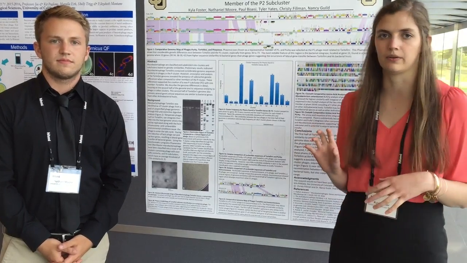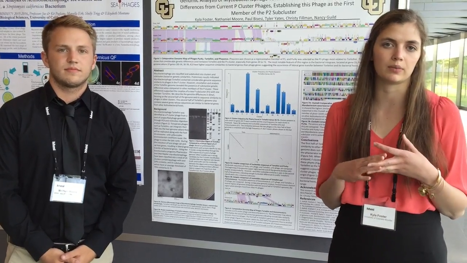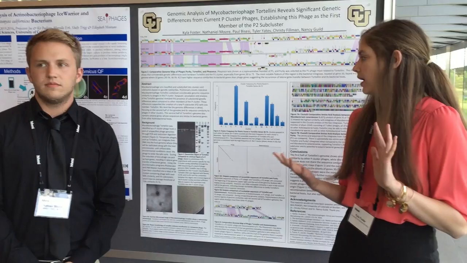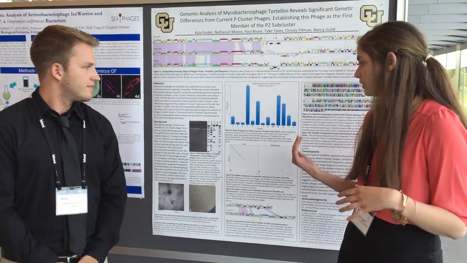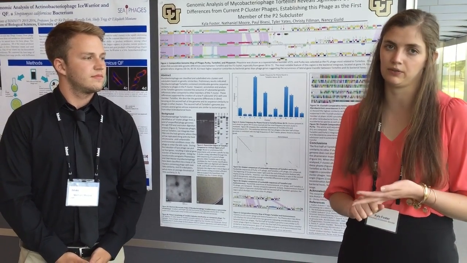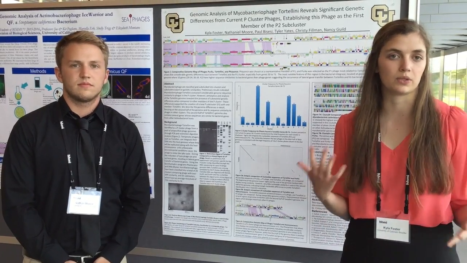So 2 years ago, the phage class from CU Boulder sent in a pool of phage genomes to the sequencing facility. And the sequencing facility pulled out a couple of interesting things for us to look closer into. They let us know that there was a P cluster and an F cluster phage within that pool of DNA, but they didn't know which phage was which.